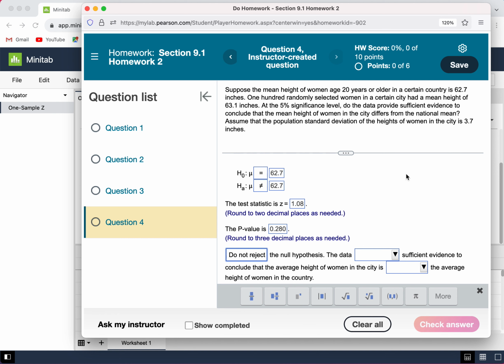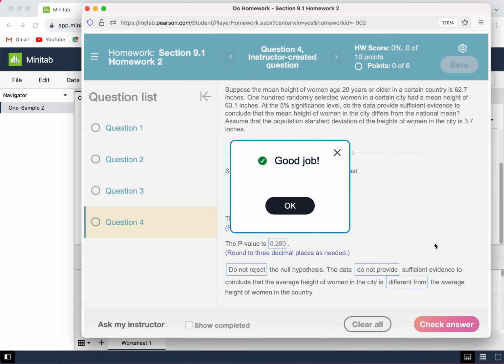And if we do not reject the null hypothesis, this means we do not have evidence to support the claim. So we do not have evidence to support our alternative hypothesis that the average height of women in the city is different from the average height of women in the country. And that's how we use Minitab to do a hypothesis test for a mean.